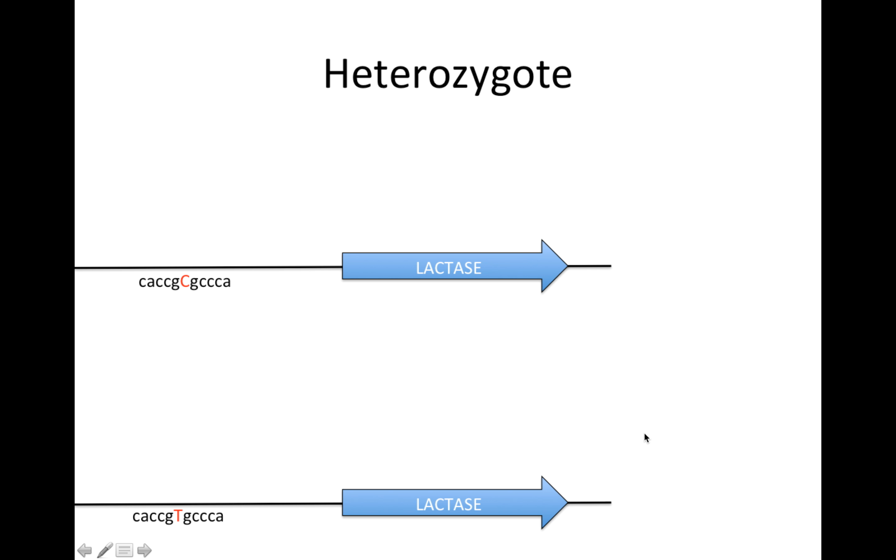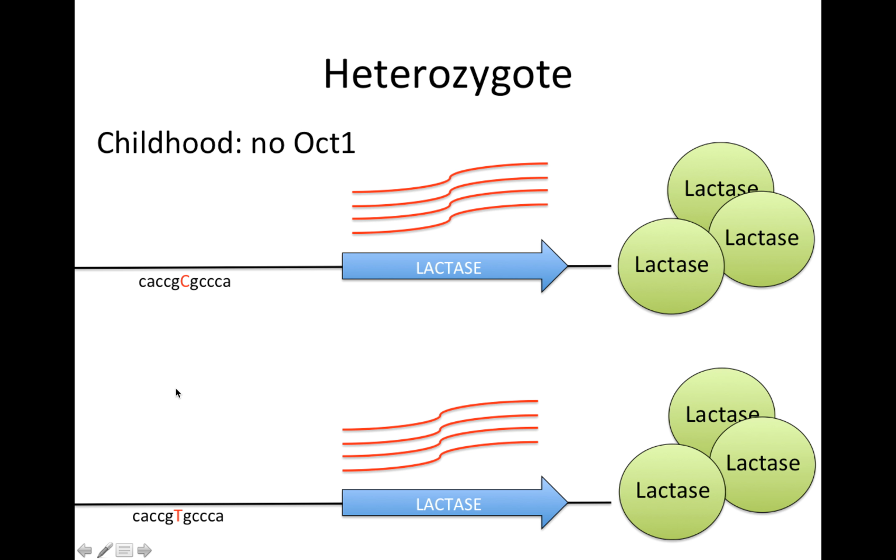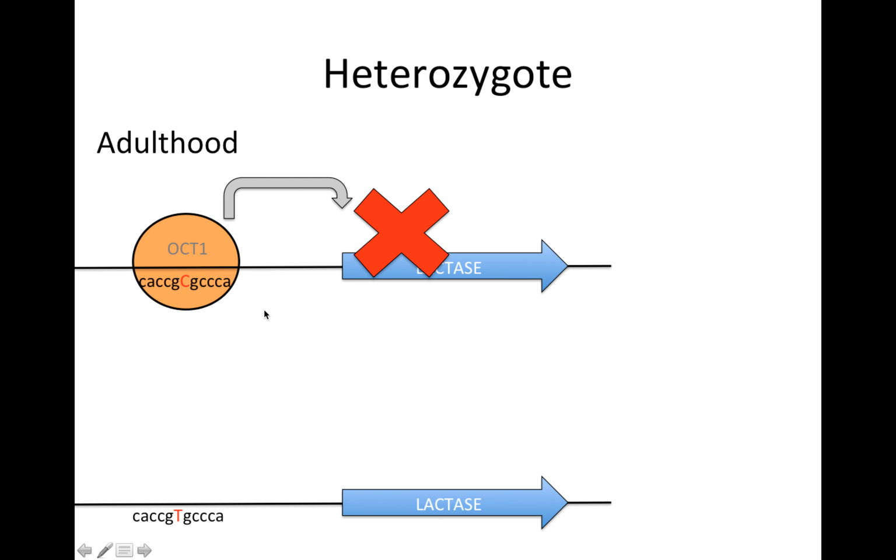So let's see if we can reason this out. Now we're talking about individuals that have one of the C's and one of the T's. In childhood, there's no OCT1, so we expect both alleles to be expressing mRNAs and proteins. But in adulthood, now we do have OCT1 protein, so that OCT1 protein is going to bind to this allele and block expression from this lactase gene.